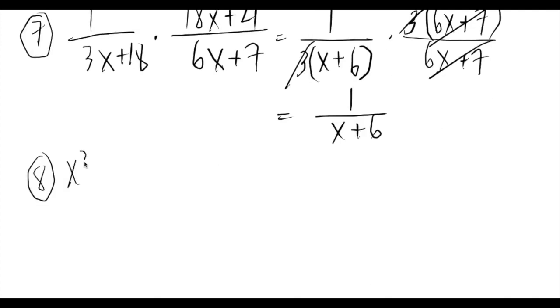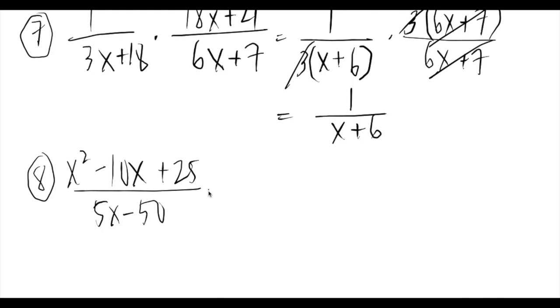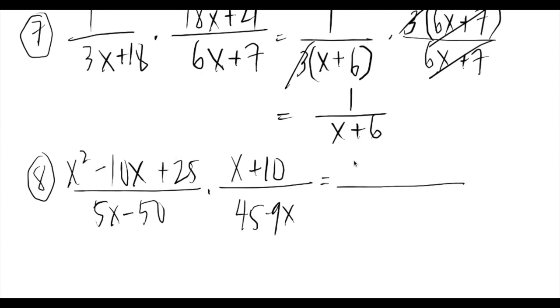Number 8. X squared minus 10x plus 25 over 5x minus 50 times x plus 10 over 45 minus 9x. Let's factor yung mga pwedeng i-factor. Ito, pag i-factor natin, that's going to be x minus 5 times x minus 5.